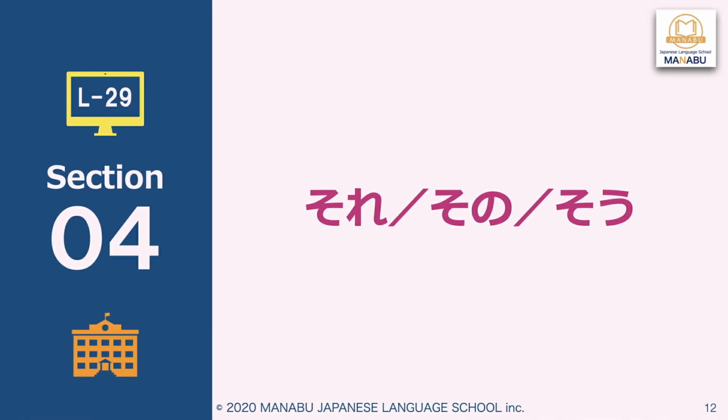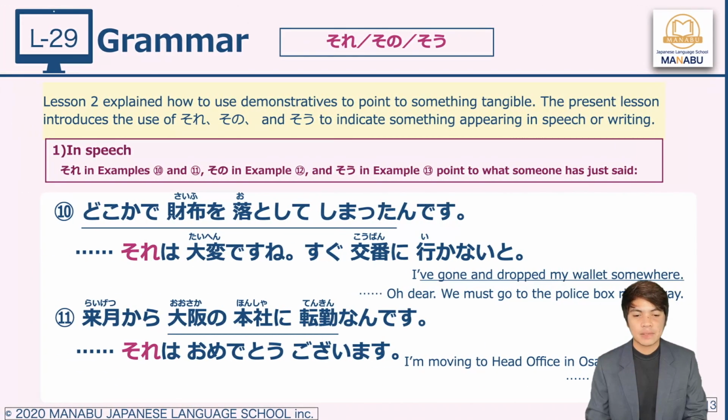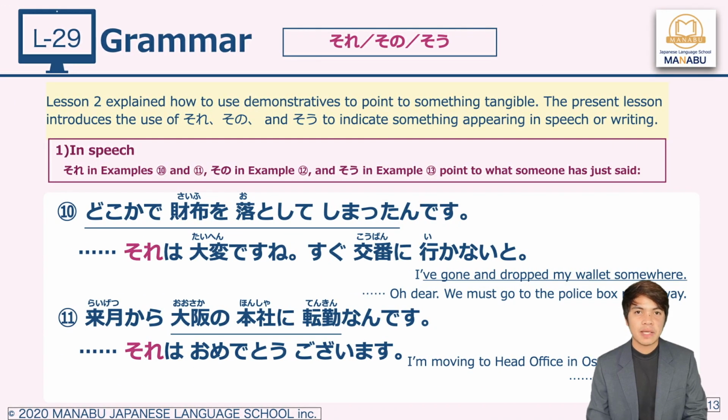Grammar point number 4. Sore, sono, so. In lesson 2, it was explained how to use the demonstratives to point to something tangible. So pointing things: this, that, and that thing over there. This lesson introduces sore, sono, and so to indicate something appearing in speech or writing.